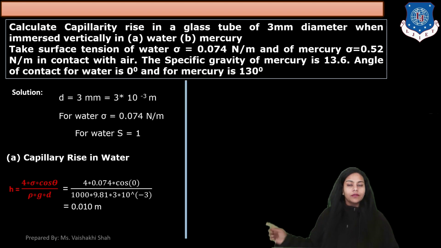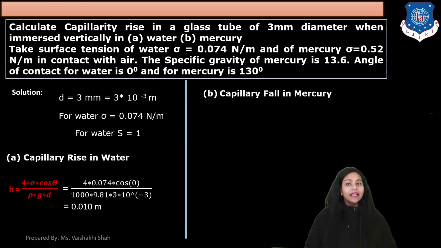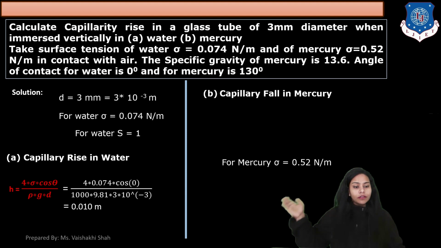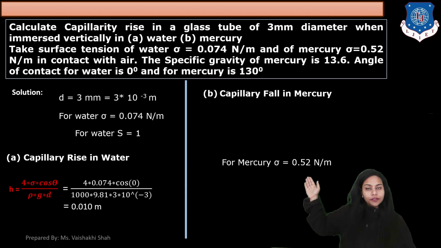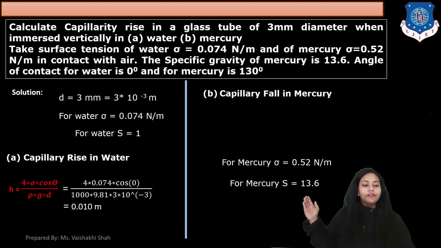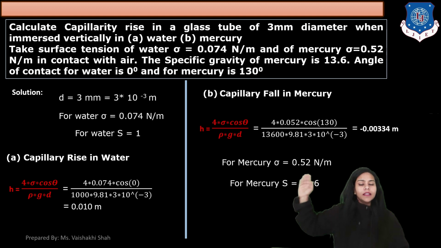Now the second case, capillarity fall in mercury. Remember that there is capillarity rise for water and capillarity fall for mercury. For mercury, sigma given to you is 0.52 Newton per meter, and for mercury specific gravity is 13.6. Now h is 4 sigma cos theta by rho g d.